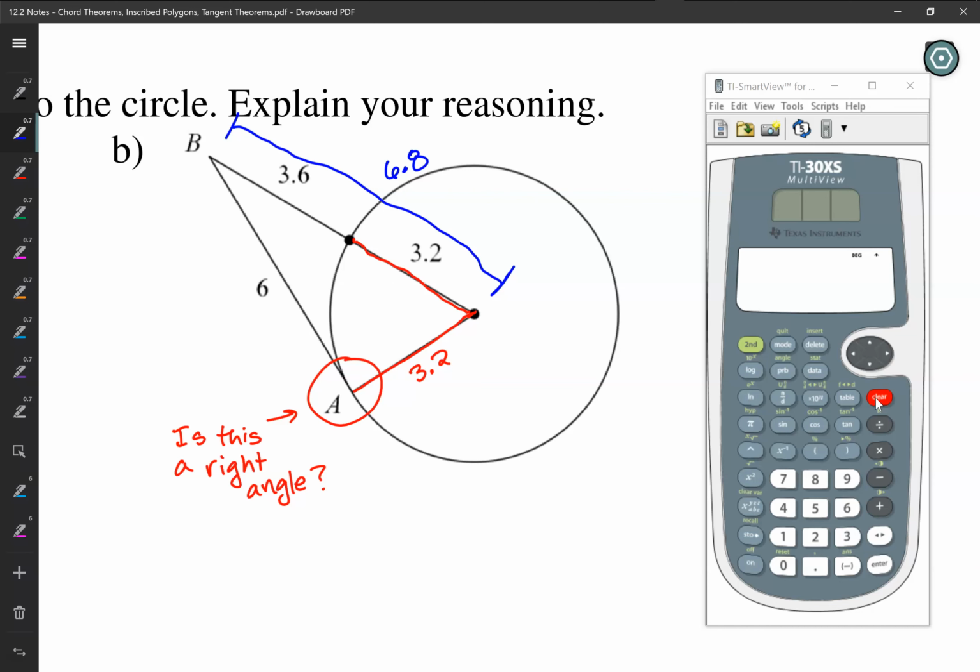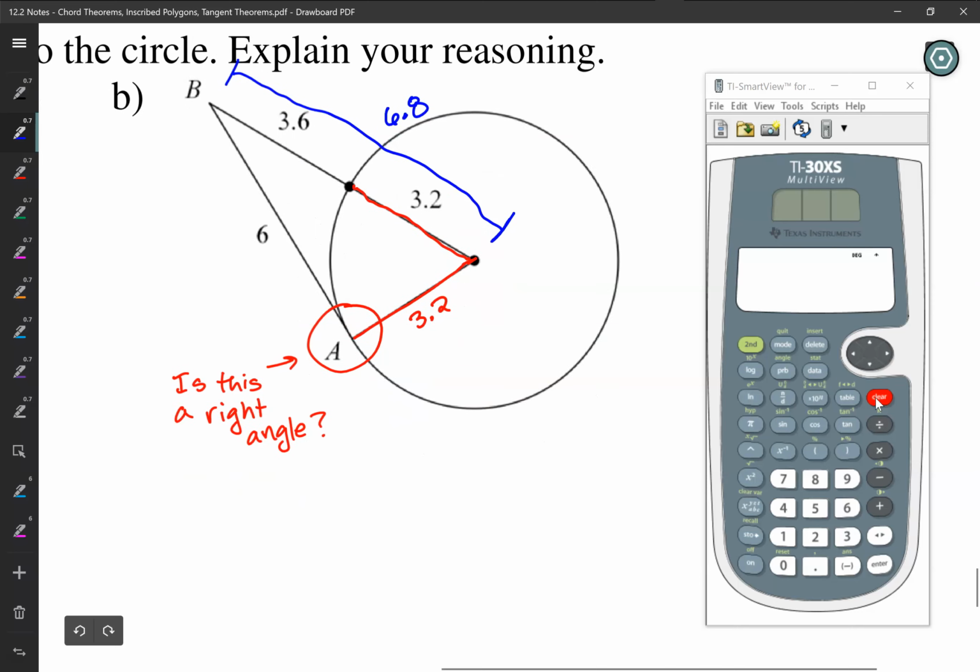It doesn't matter which ones are A and B, but this would be little c right there. That's the hypotenuse, if it's a right angle. So let's go ahead and check.